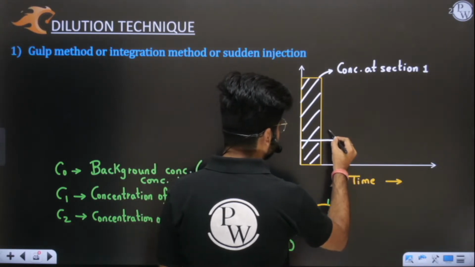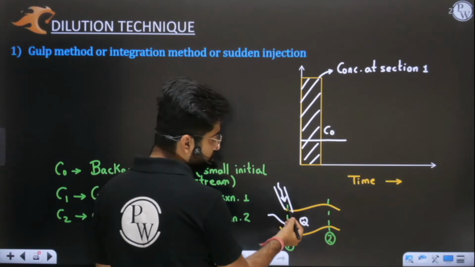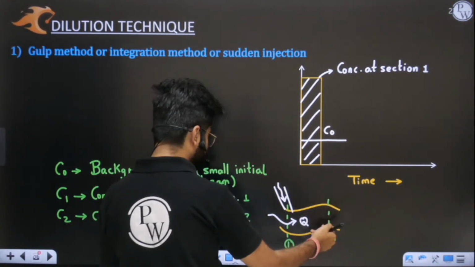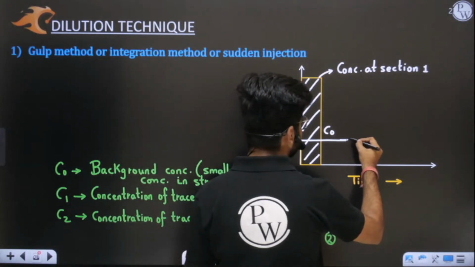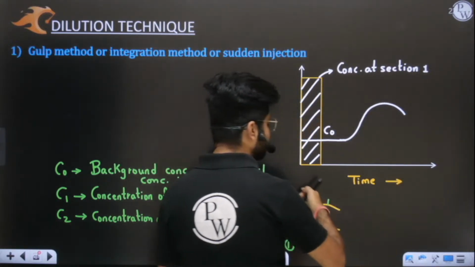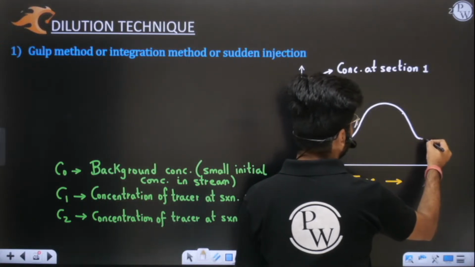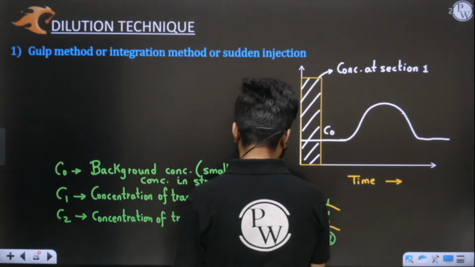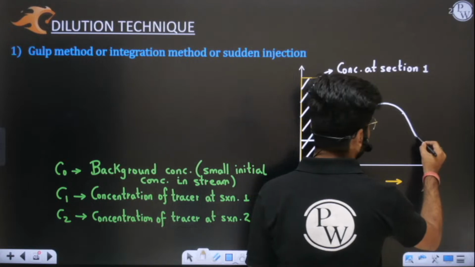Initially the concentration is C0, but when I inject it here, after some time this chemical will reach section 2, and you will see that the concentration at section 2 starts increasing. When the tracer flows away, the concentration comes down again and becomes equal to C0, because that is the background initial concentration which will always remain in the river.